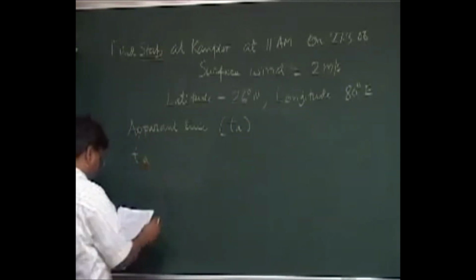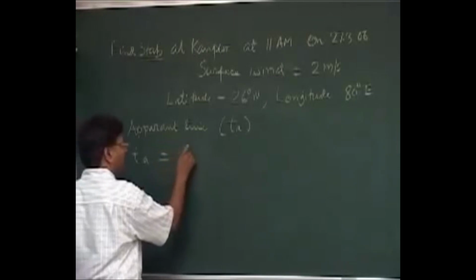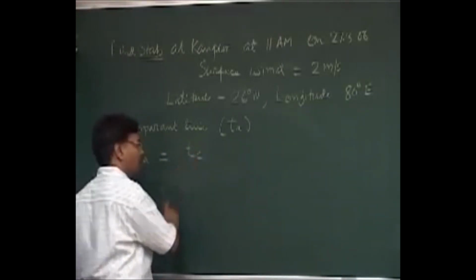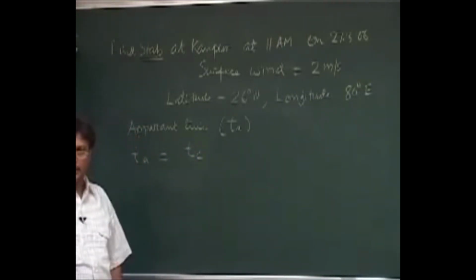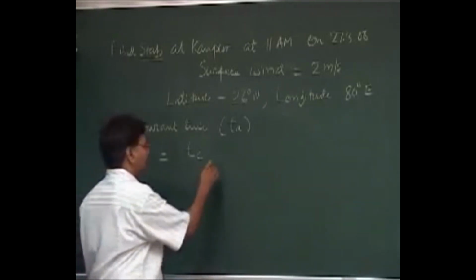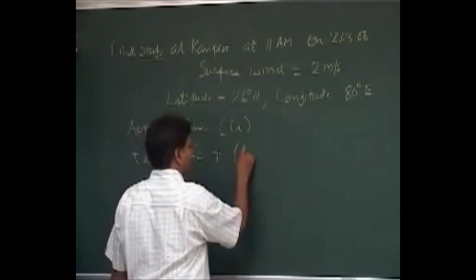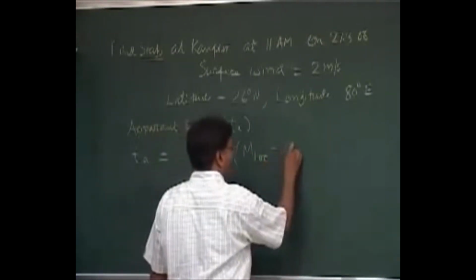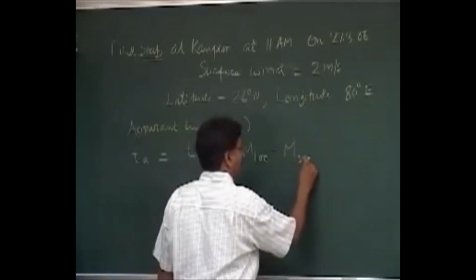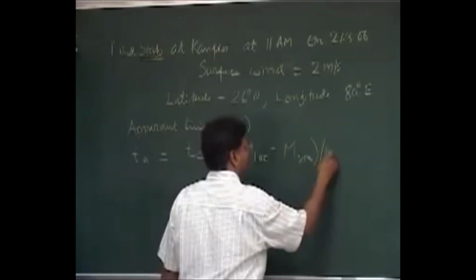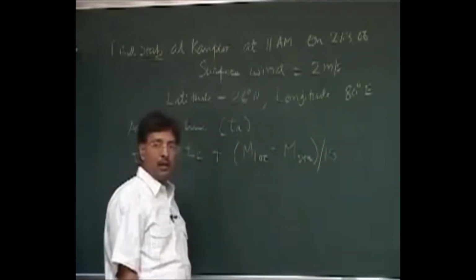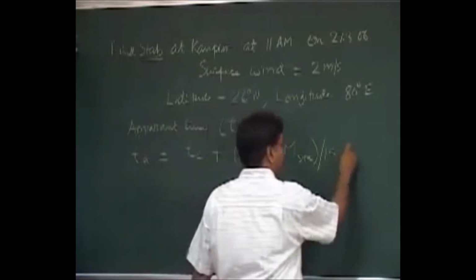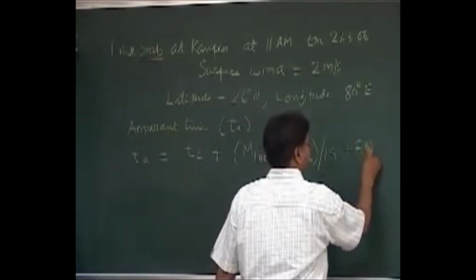I don't have the formula, but it is the standard time T plus the correction of local minus standard meridian divided by 15, plus the equation of time.